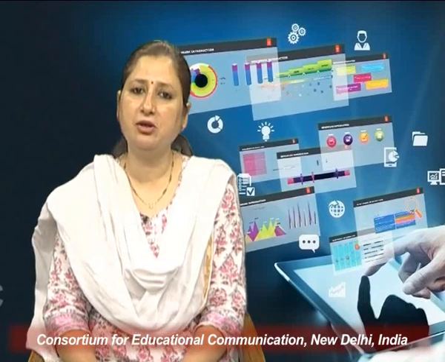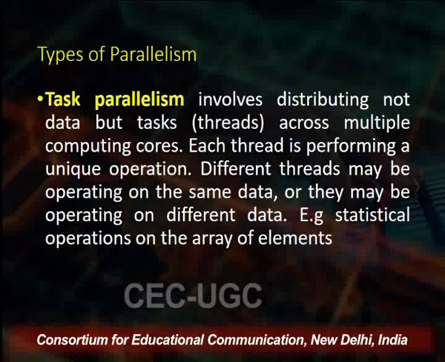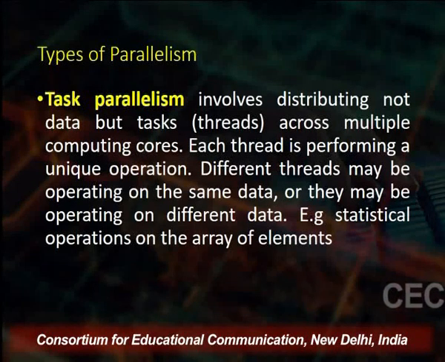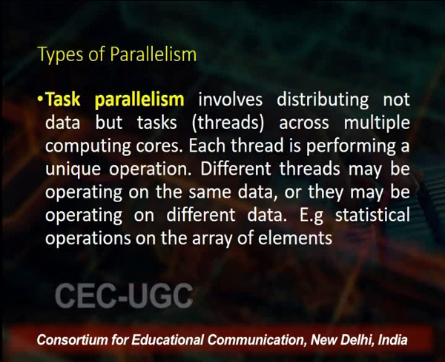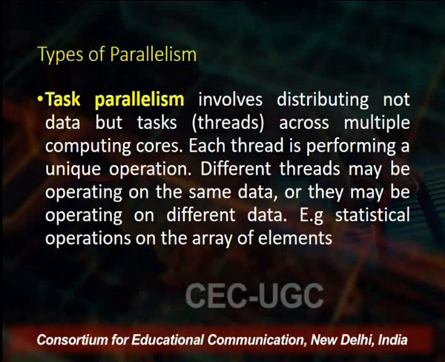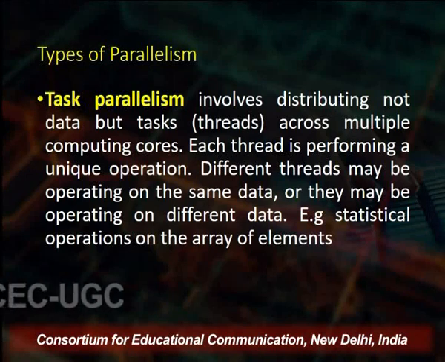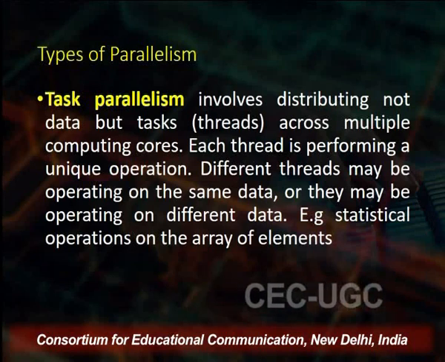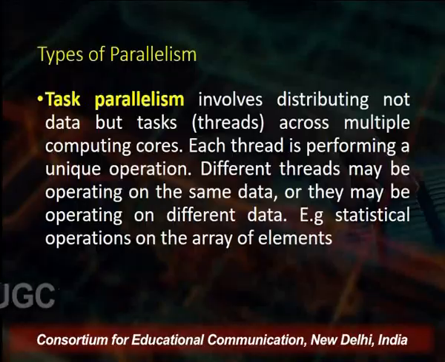Whereas if we look at task parallelism, we are not distributing the data, but we are actually distributing the task or the thread across multiple computing cores. In this case each thread is performing a unique operation. So different threads may be operating on the same data or on different data. For example, we are using two different statistical functions on the elements of an array, right.